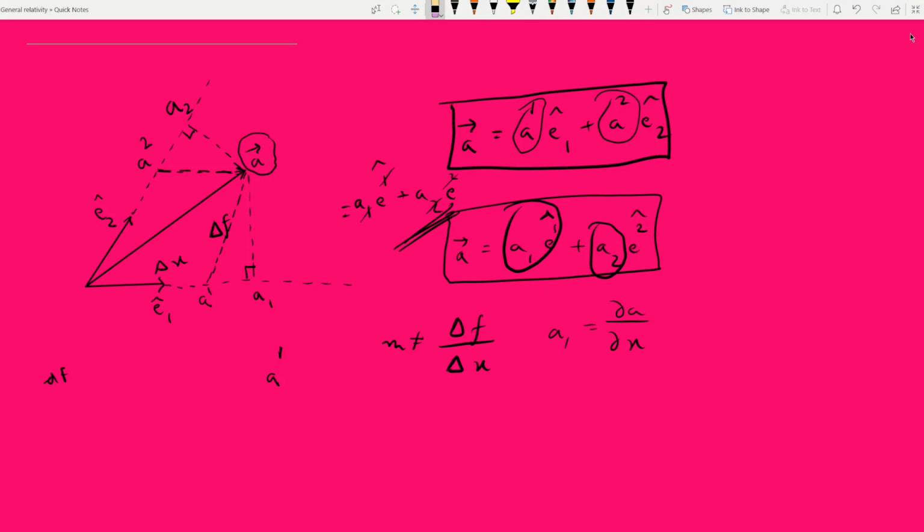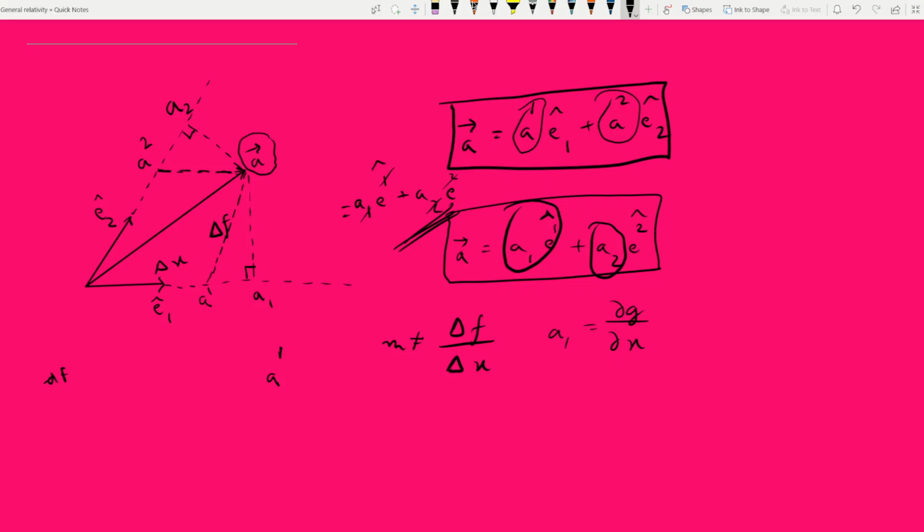This vector A should be a function g, right? So this A1 is basically the derivative of a function g.